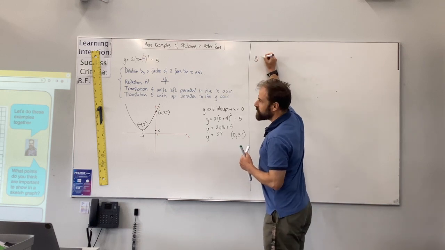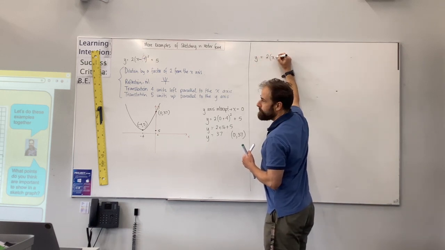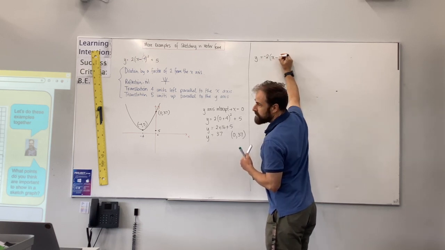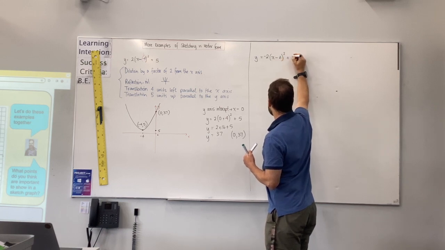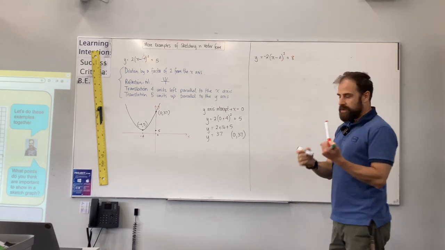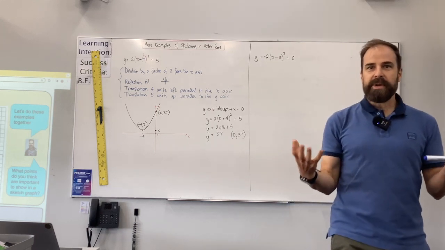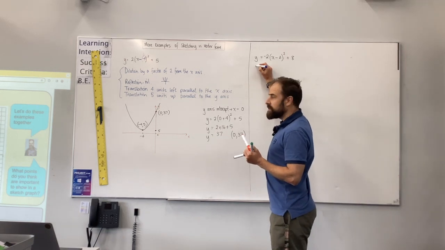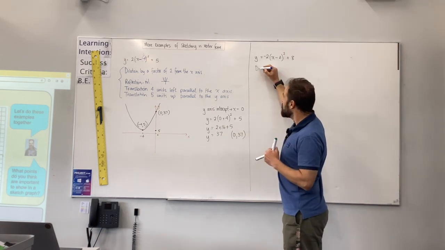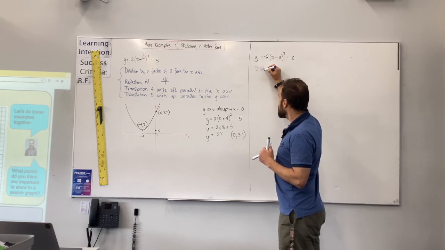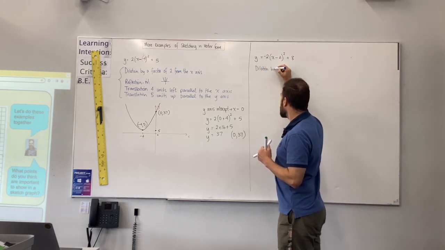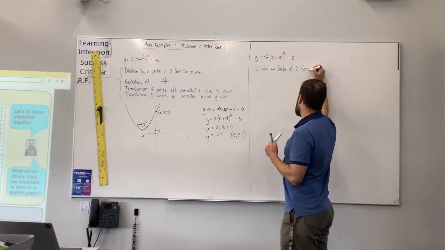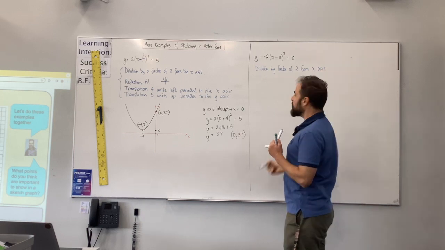All right, example 2. y equals minus 2 times (x minus 2) squared plus 8. Okay, repeat, repeat, repeat. If we do this enough, it'll stick in our heads. What's the first thing I do? Dilation. Okay, is there a dilation? Yes, by a factor of 2 from the x-axis. Is there a reflection?